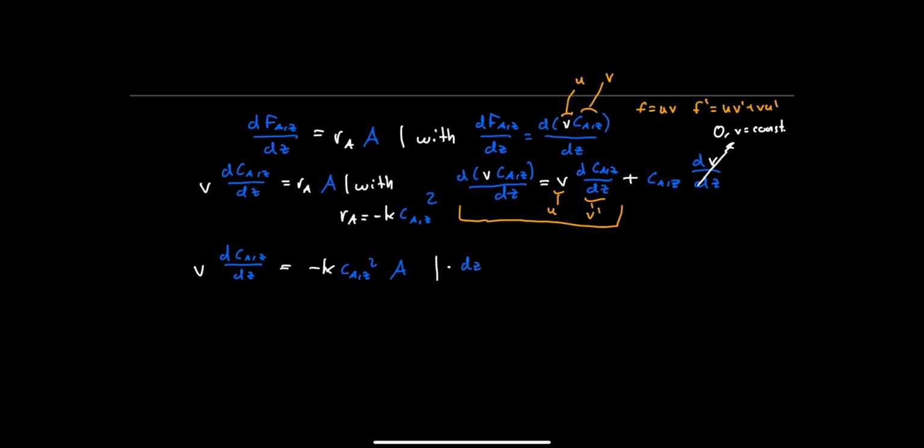So for this we will multiply with dC. And we also want to bring the volumetric flow rate V to the right side of the equation. So dCAC is going to be equal to negative K divided by the volumetric flow rate V times CAC squared times A times dC.